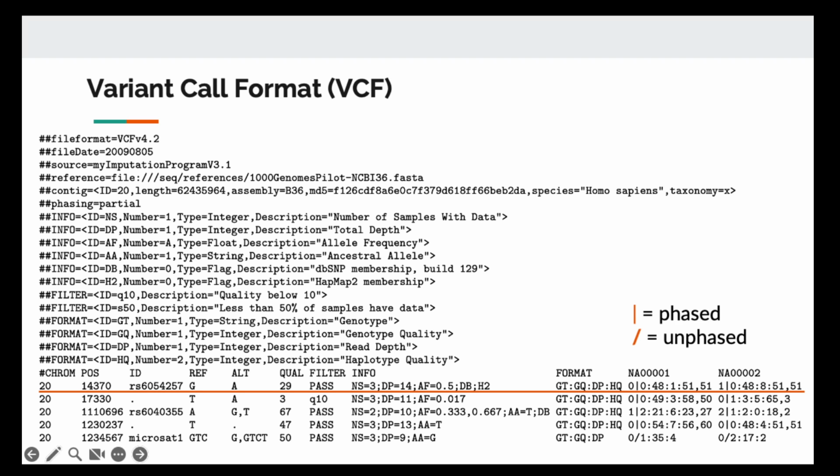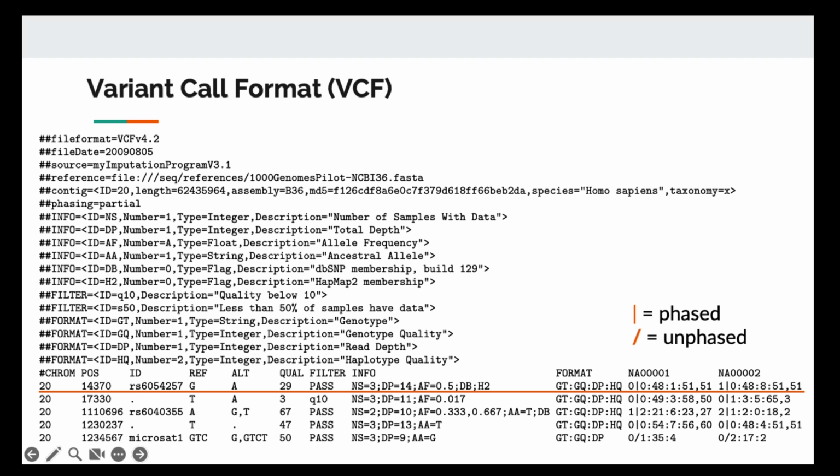But if you want information on each individual or each sample, those will be additional columns at the end. So these NA001 and NA002 are 2 different samples in your data. And each of them can have a different genotype. You see here 0, a vertical bar, and then 0, and the other one is 1, vertical bar, 0.